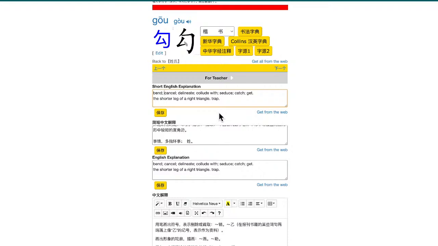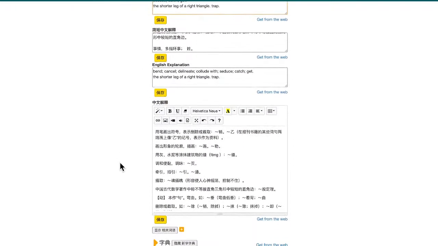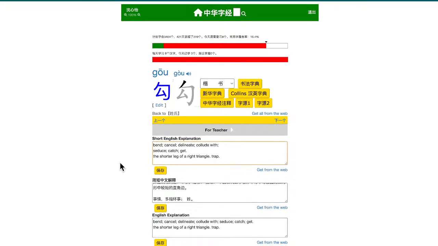In Chinese it's called 勾. 勾一下, so basically you mark a check, which is a bend stroke. The other meanings like seduce, catch, get also have this bend hook idea. It's a metaphorical use, right?